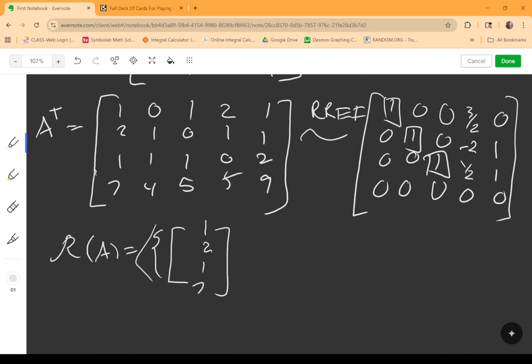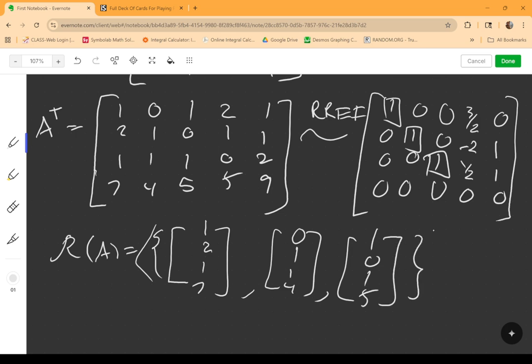We write them as column vectors, as is the convention: 0, 1, 1, 4. And the third one being 1, 1, 0, 1, 5. As we saw in the previous section when talking about column space, this set is linearly independent, and it is the same as if I were to take the span of all of the columns of A transpose.